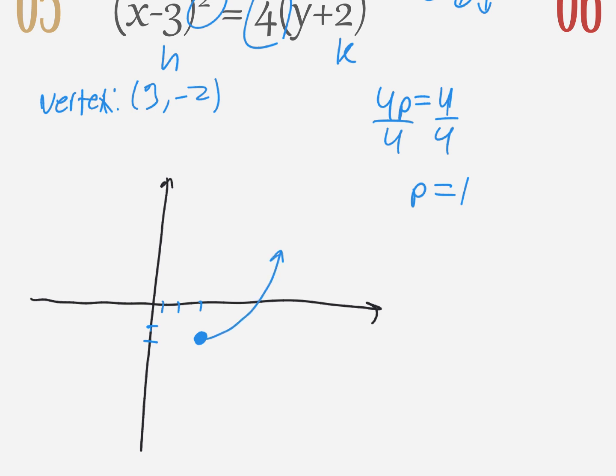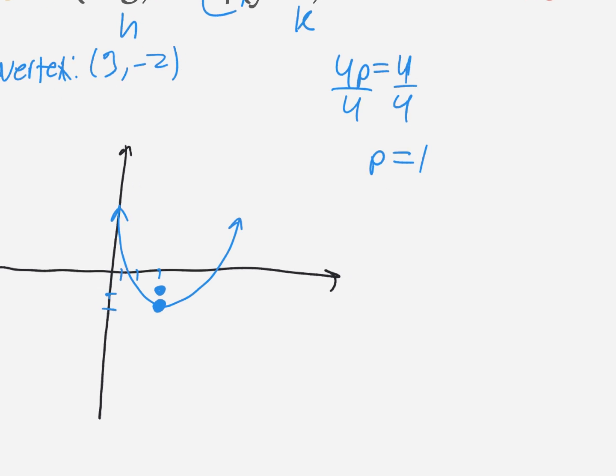I know now we're going to face up since p is positive, and I'm going to plot a point right there. This point, as an ordered pair, is going to be (3, negative 1). We go 1 unit up from our vertex.